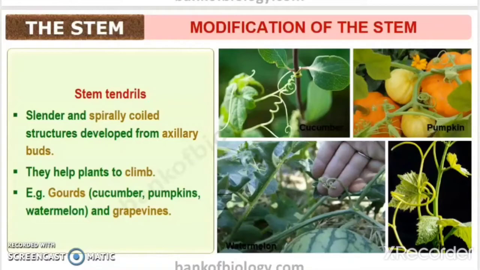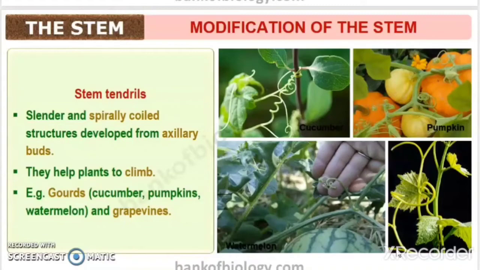So they do not help in climbing. We know that pumpkins and watermelons are creepers, right? So they just creep on the ground, and at that time these tendrils will help them to coil around the substances which are seen on the ground. Okay, another example of the stem tendril is the grapevine. So all gourds like cucumber, pumpkin and watermelon are examples of stem tendril, and then we have the grapevines which are also an example of stem tendril.